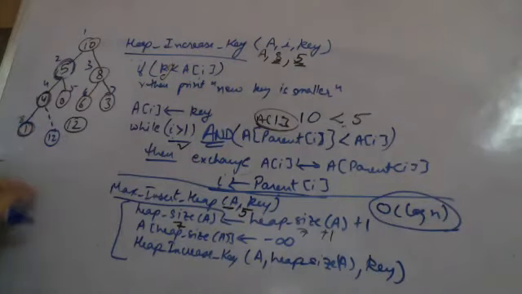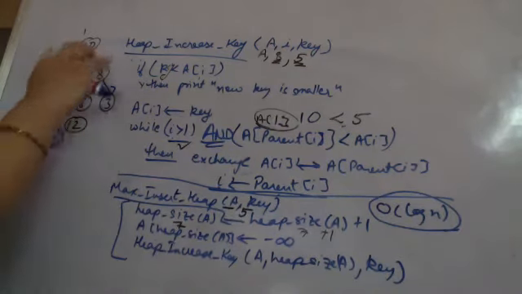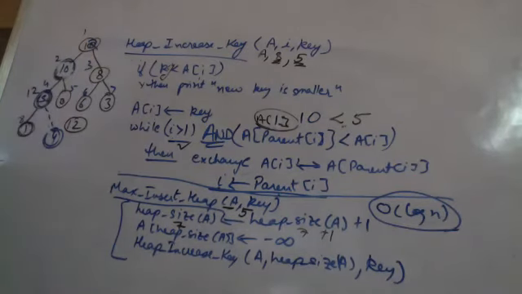Then since 12 is greater than 4, I swap these two. So 12 comes here, 4 comes here. Again 12 is greater than 5, so do the swap: 12 comes here, 5 comes here. Again 12 is greater than 10, do the swap: 10 comes here, 12 comes here. After so many swaps, you have increased the key to its correct level.